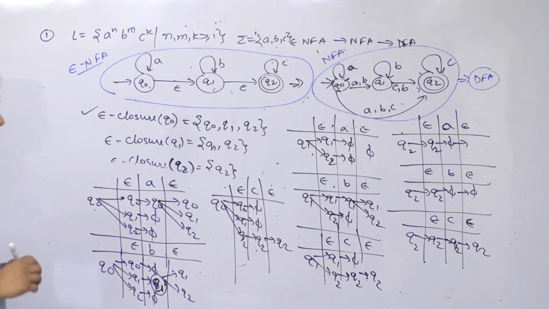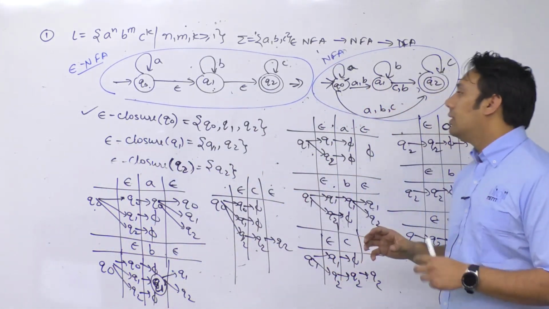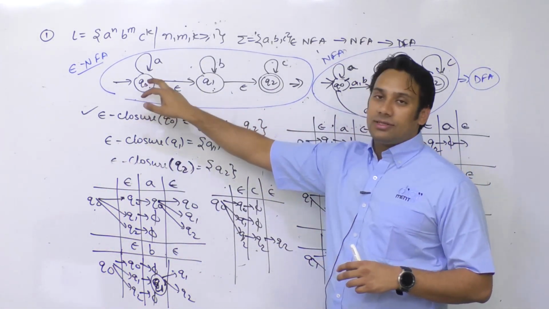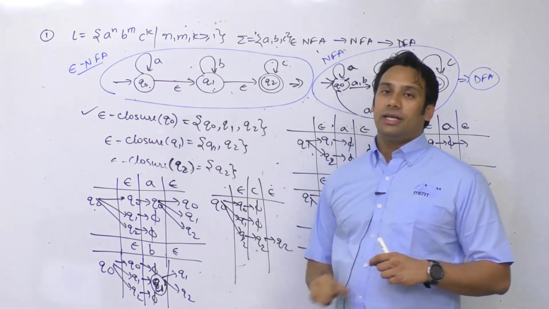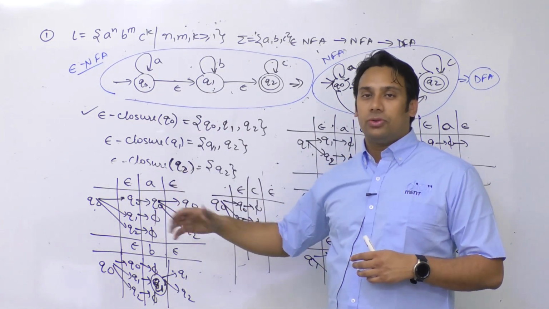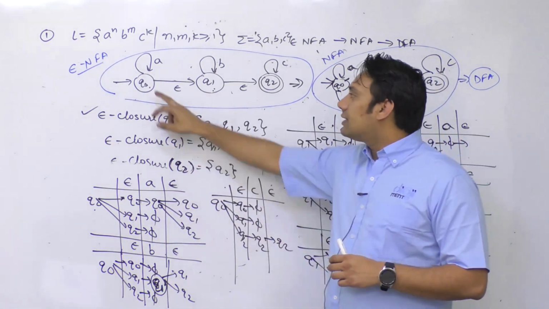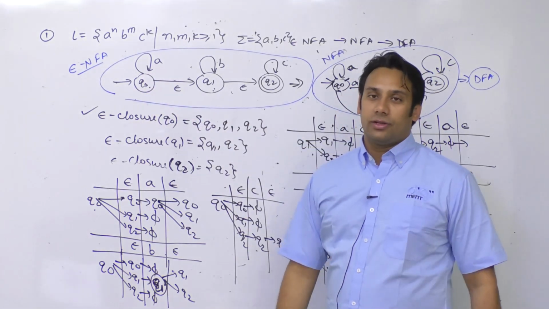So if you look at more clearly what I have done, let me explain this whole procedure again. What I am trying to say is, if I am standing at a particular state, for example, at state Q0, if I give a symbol A, what are the states where I can go to? If I give a symbol B, what are the states where I can go to? If I give a symbol C, what are the states where I can go to?